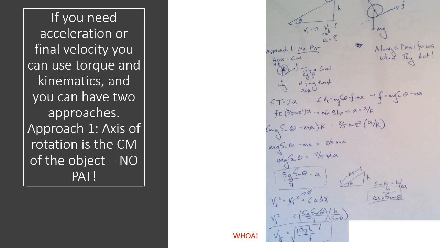So normal acts from the point of contact with the surface, weight acts from the center of mass, and friction is going to act from the point of contact between the ramp and the object that is rolling. All right, so I take my object here, I drew my free body diagram, and I sum the torques, and I know that the sum of the torques is equal to I times alpha.